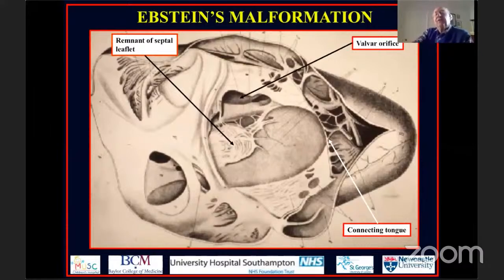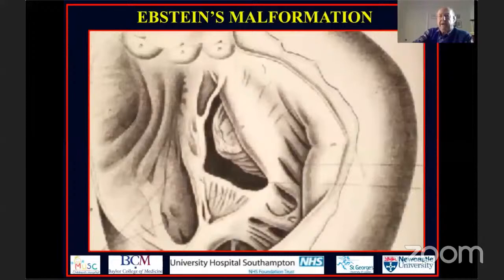Another key feature is that the orifice within the valve has rotated through 90 degrees. And it is no longer pointing towards the apex of the ventricle, but instead it is pointing into the infundibulum. And it's what I'm going to call the keyhole.